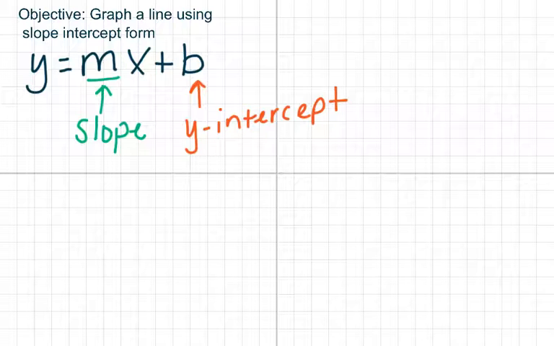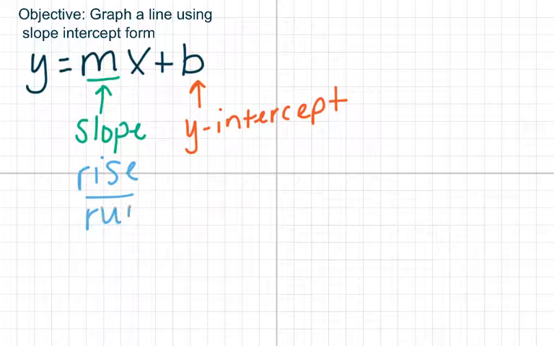We could find our slope of a line by using the formula y2 minus y1 divided by x2 minus x1, or we could find our slope by finding the rise over the run. So we're going to need that information today in order to graph a line in slope-intercept form.